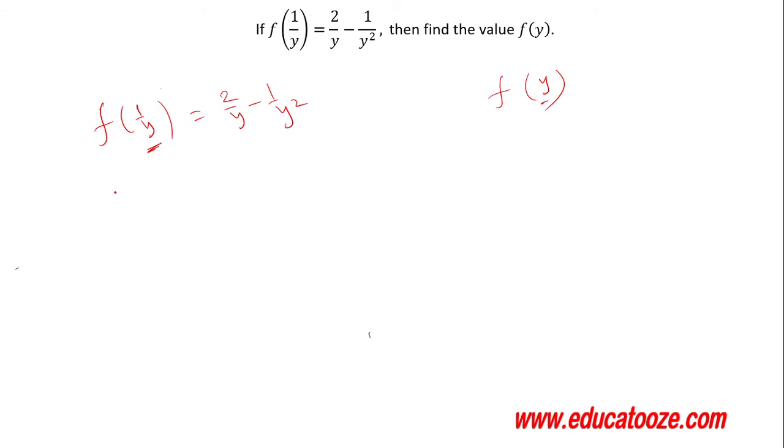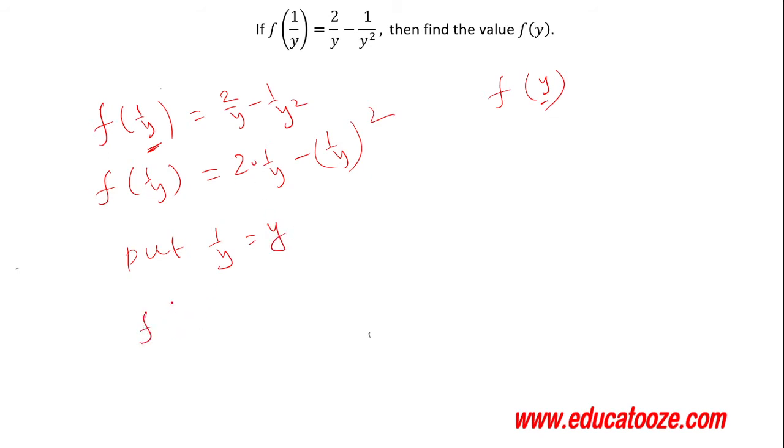So what we did, same way as the previous example: first rewrite this equation in terms of f of 1 by y and then substitute. We can write 2 into 1 by y minus 1 by y whole square. Now change the variable 1 by y to y, like put 1 by y equal to y in the above expression.